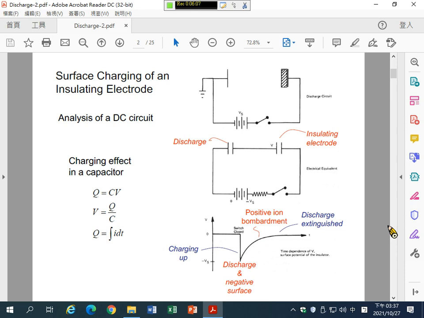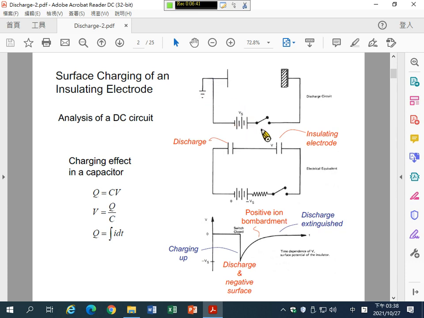This part is the DC power. On the right side, one end of the power is connected to the negative polarity. And at the left end, the electrode is connected to the positive polarity and also connected to the ground.